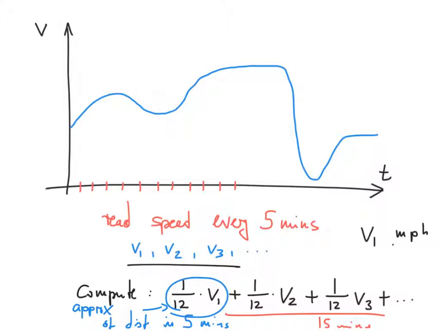Of course, it is only an approximation, so we cannot have the complete precision anymore that we had when we could use the cruise control and just set it constantly to 60 miles an hour, and then the speed would be constant. Here the speed is not constant, right?